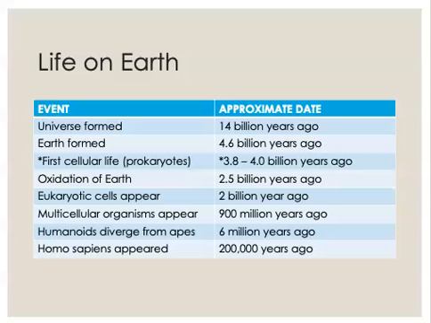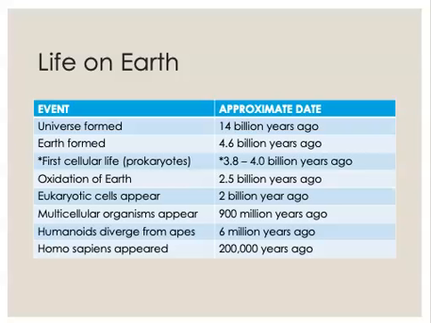Multicellular organisms appeared about 900 million years ago, which is really not that long when you consider the age of the universe and the age of the Earth. The last two numbers on the chart are really more just interesting to us.